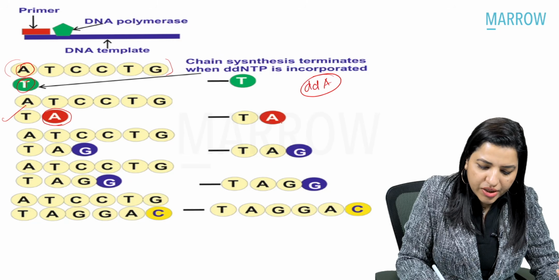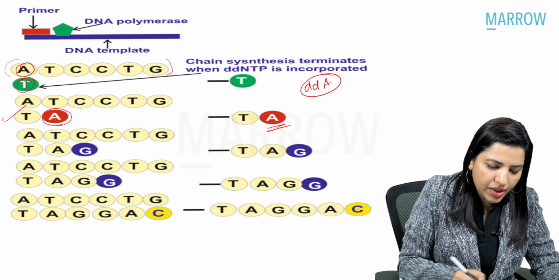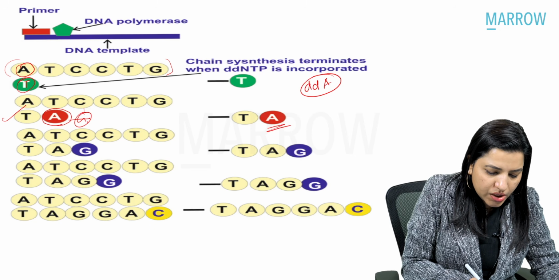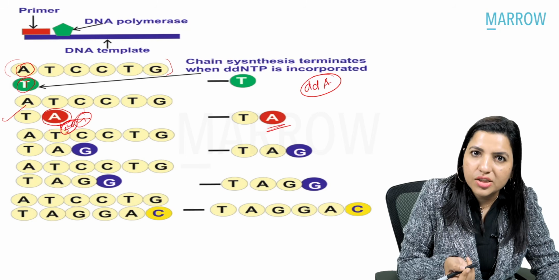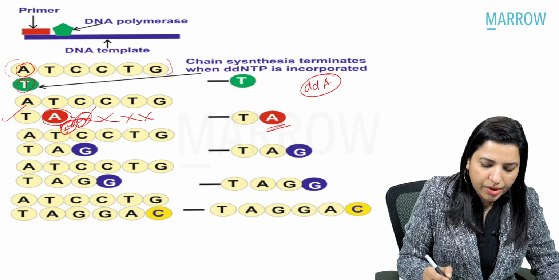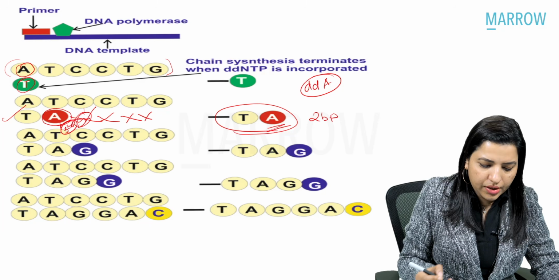This A is actually a dideoxy A. So when the dideoxy A binds, what happens further? Actually the C has to bind with the G. But if the G is coming here, it needs a 3' hydroxyl group here. But that is not there, which means further chain extension will not take place, so we'll get a band of 2 base pair length here.